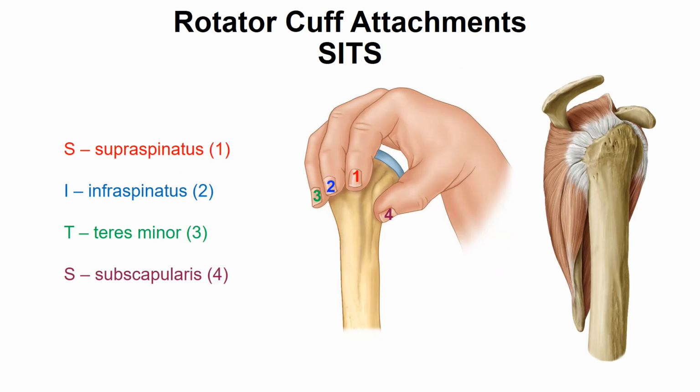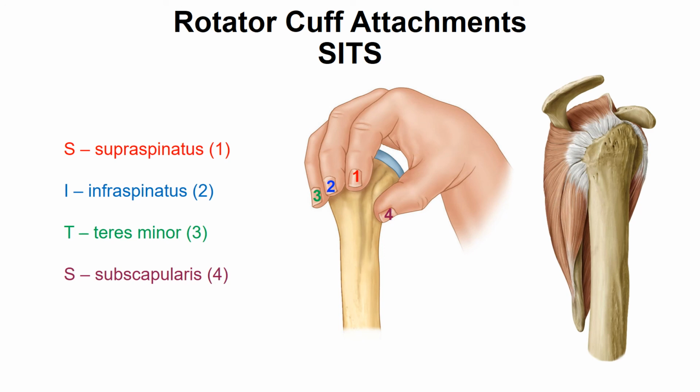One way you can remember these is something called SITS. So if you hold a humerus and you put your index finger on the greater tuberosity and your thumb on the lesser tuberosity and kind of go around, you will have the attachment points for all four of the rotator cuff muscles.